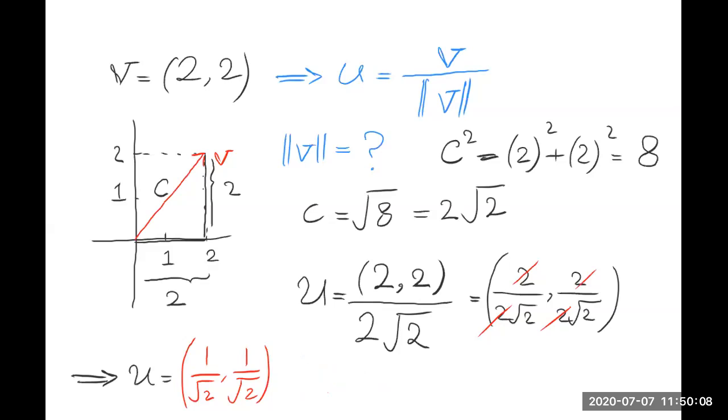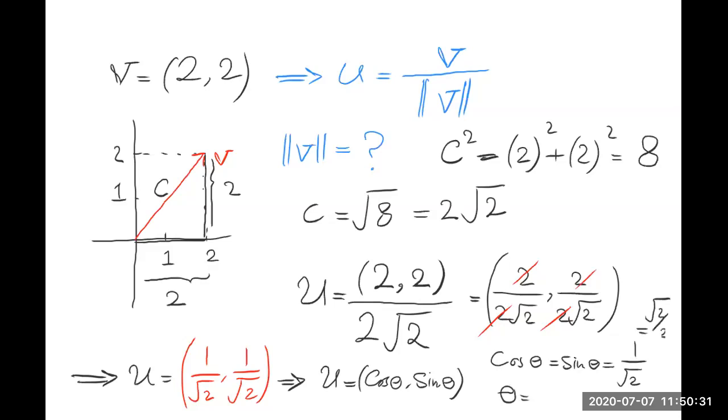But on the other hand, u should be cosine theta, sine theta. What is theta? Here, cosine of theta equals sine of theta, which is equal to 1 over radical 2. What is theta? Yes, pi over 4 or 45 degrees, but we prefer to say pi over 4.